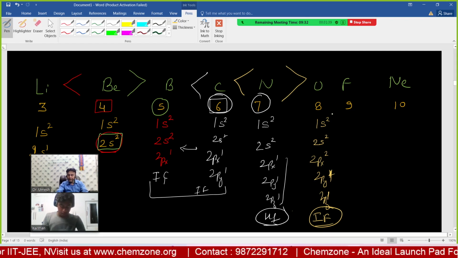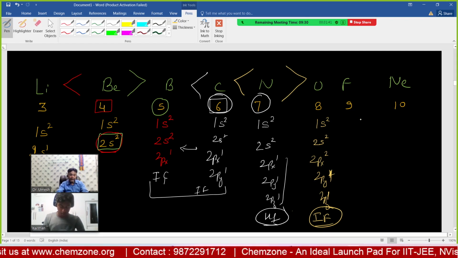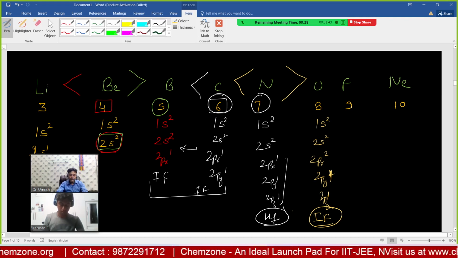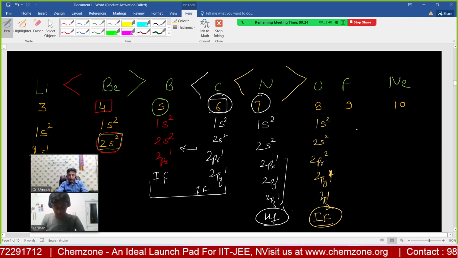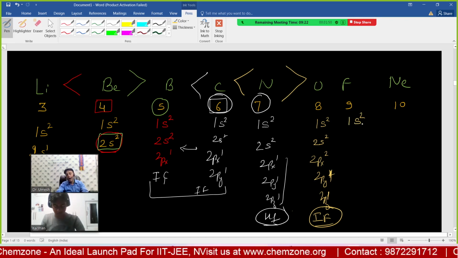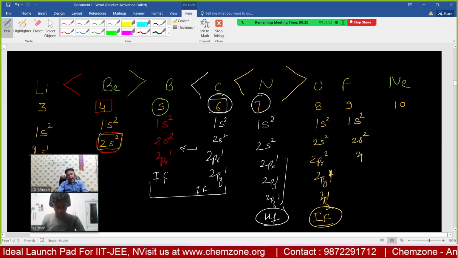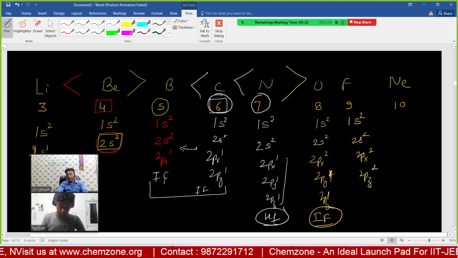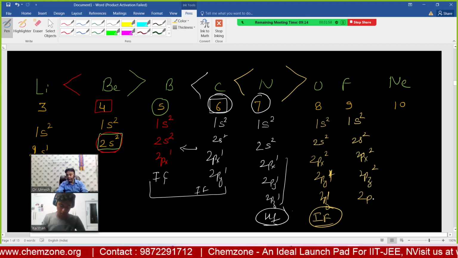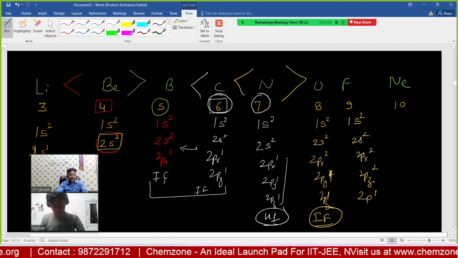Now come to fluorine. Atomic number 9. 1s2, 2s2, 2px2, 2py2, 2pz1. Now compare the electronic configuration of nitrogen, oxygen, and fluorine. Both are incompletely filled.